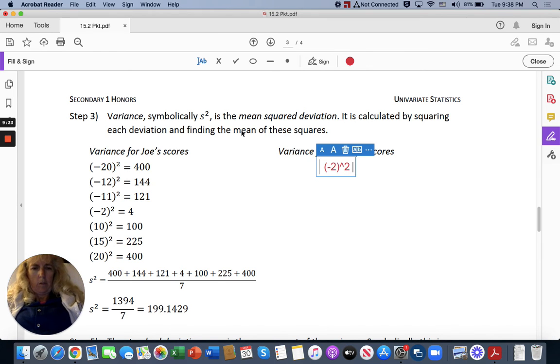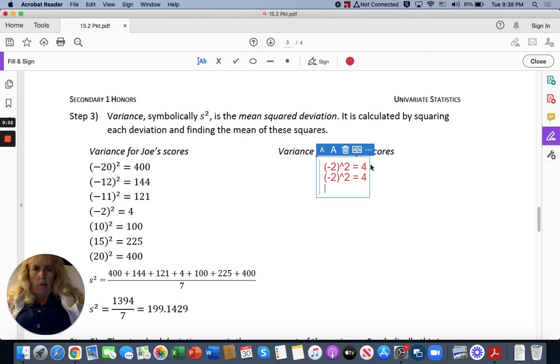Okay, so that equals 4. And then, again, -2 squared is 4.